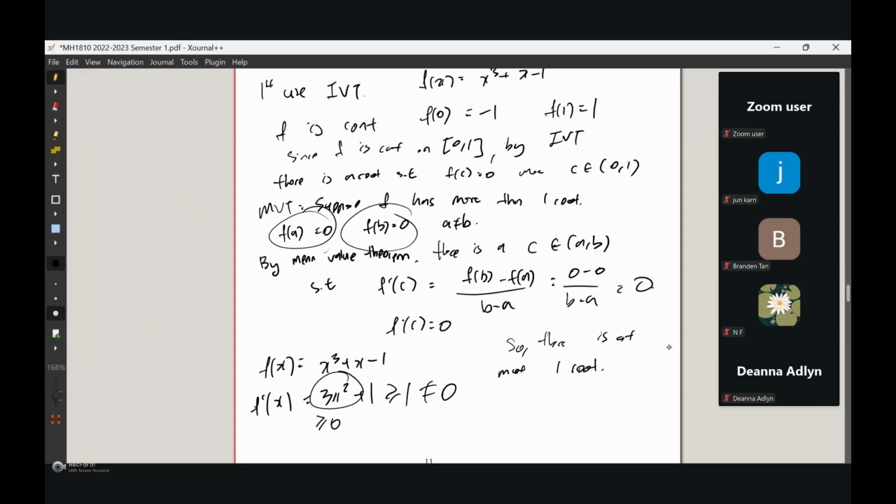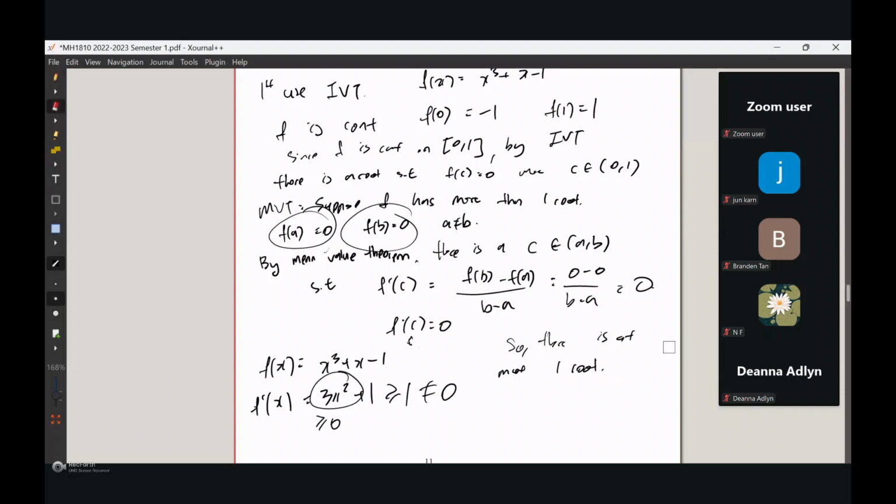So if we have two roots, the derivative must be 0 somewhere. But after I differentiate my function, I have 3x squared plus 1. This is always more than 0, which means it's impossible for me to have two or more roots. So there can only be at most 1.